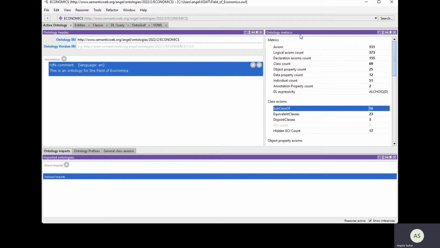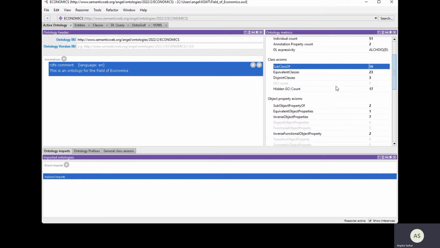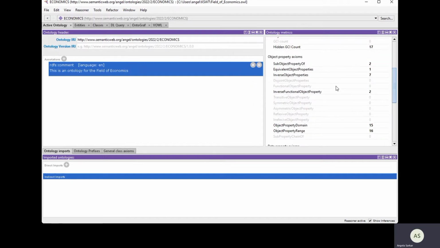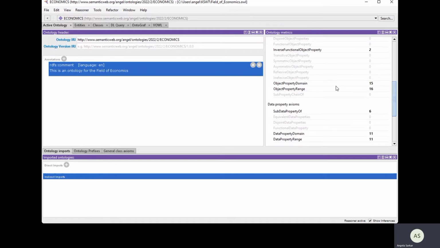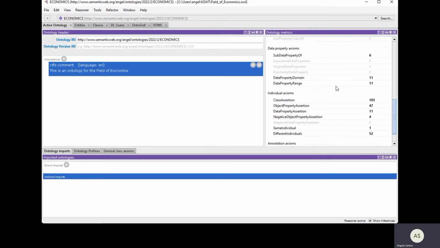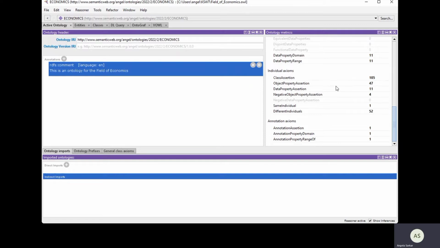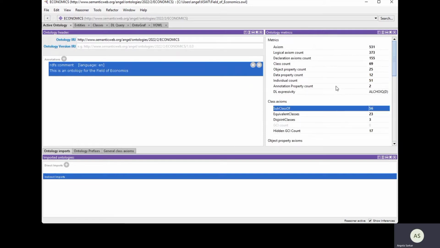As you can see in the ontology matrix, it shows you the class count, object property count, data property count, subclasses, equivalent properties, subject properties, data properties. It gives you an overall view of the entire ontology created.